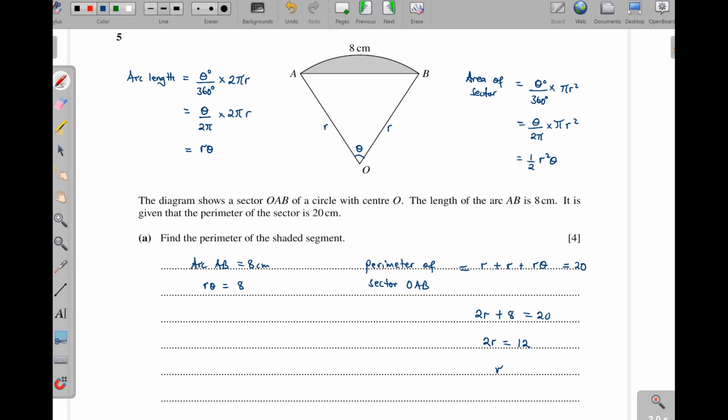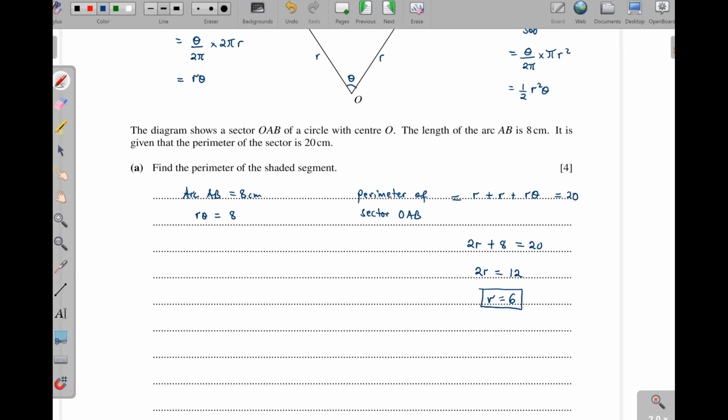So that means R is going to be equal to 6 centimeters. If R is equal to 6, then this simply implies that our theta shall be equal to 8 over 6. We divide through using this one here. So our theta will be equal to 4 out of 3. And this one is in radians. Okay, that is that. Theta has to be in radians if we use this.